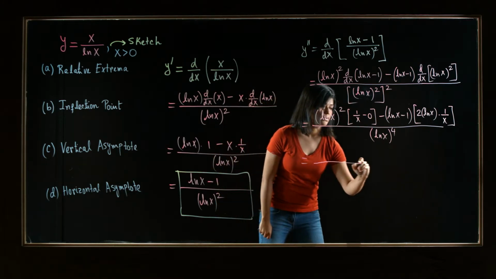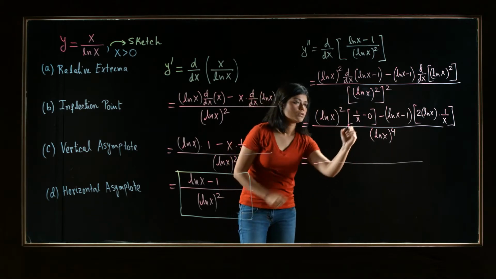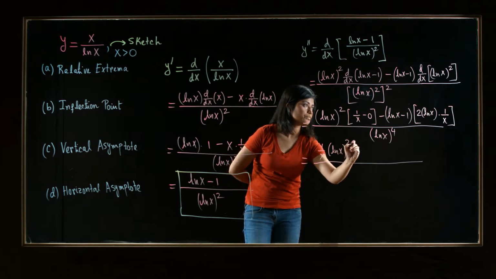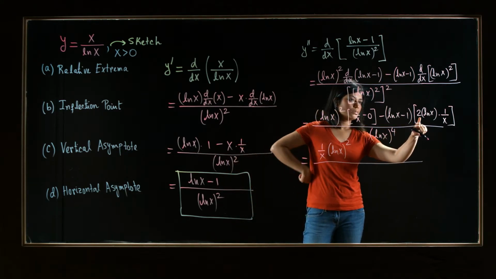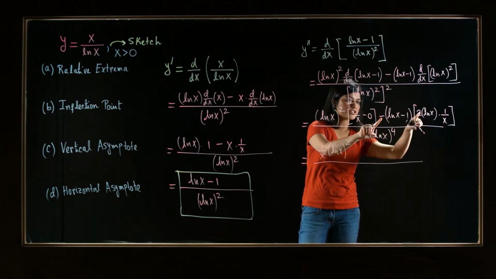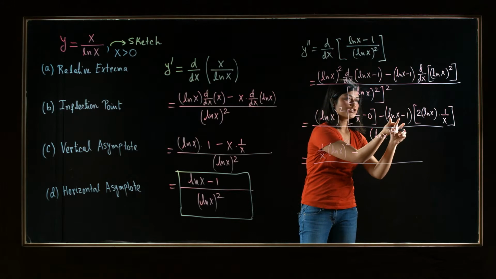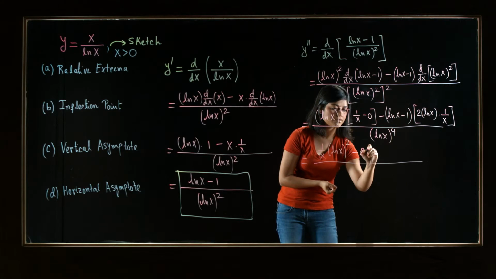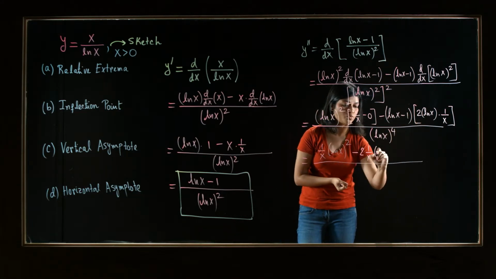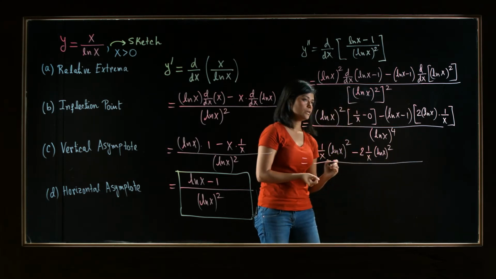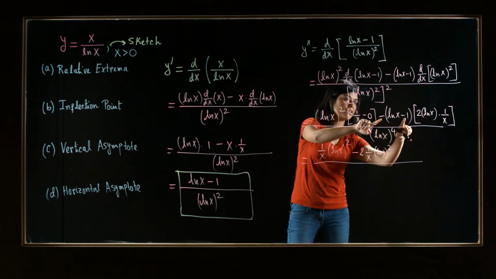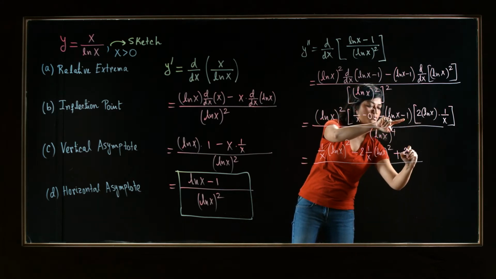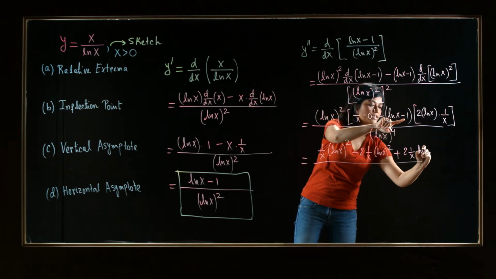All right. Now let's see if we can simplify this expression. The first one, you have 1 over x, natural log of x squared. For the second, the negative sign will distribute. So first you will have a negative natural log times this entire thing: 2, 1 over x, and ln x. Then for the second expression, negative and negative will make it a positive, and 1 times this entire thing: 2, 1 over x, natural log of x.